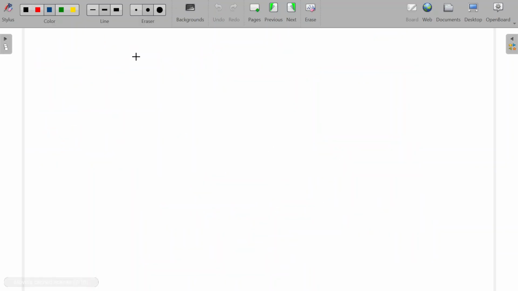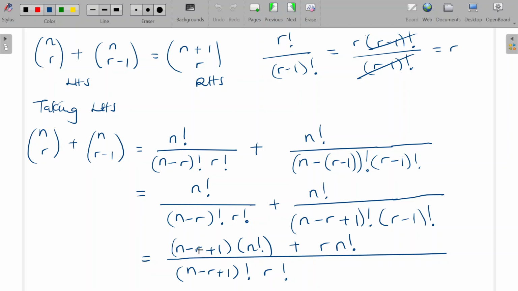So what you're going to do now is that since here you have n minus r plus 1, n factorial, and then here you have r n factorial. So let me just remove this. You've seen that here there is a common factor, isn't it? This common factor we can just factor out.